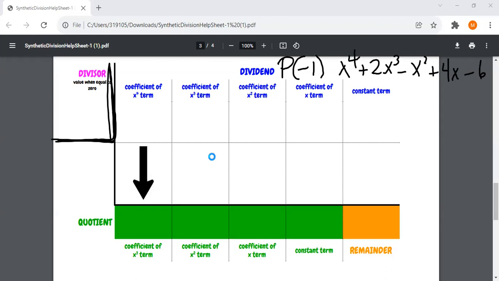This is way more numbers, but it's not so bad. What goes over here on the outside?